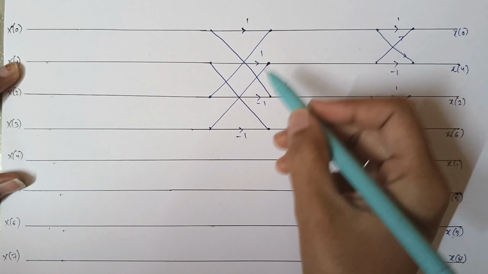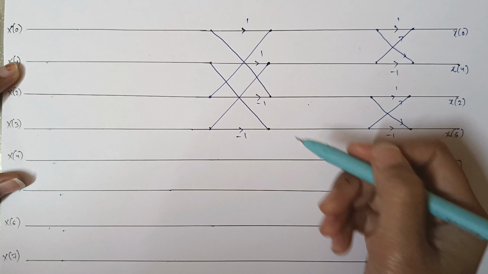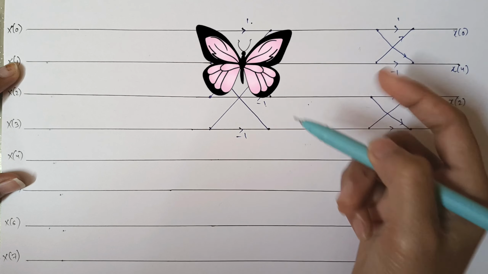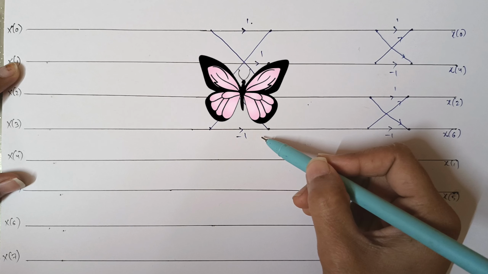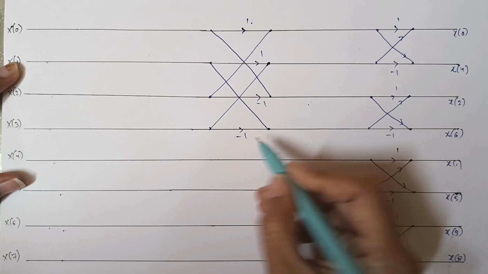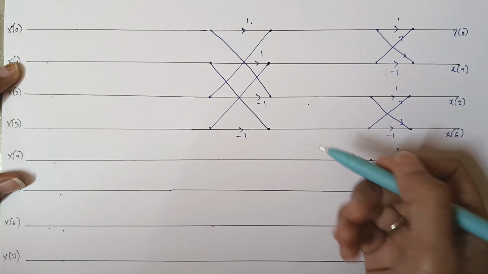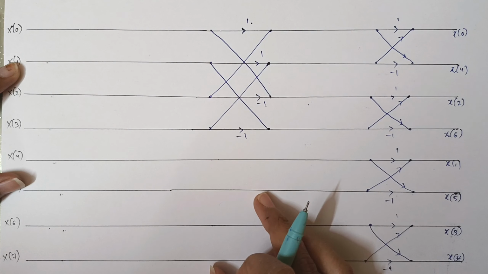This is the first butterfly, and over it there is another butterfly overlapped. This is the head of the first butterfly, this is the tail of the first butterfly, this is the head of the second butterfly, and this is the tail of the second butterfly. Head always contains 1 and tail always contains -1. Now for the remaining lines we will copy paste the same thing.